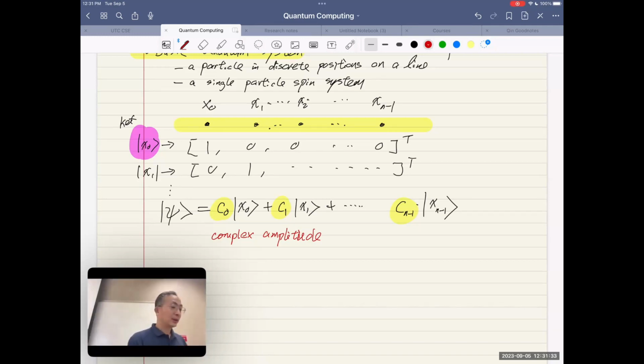So now it turns out those amplitudes, what this function is trying to describe is a quantum system where the particle can be in n states: x0, x1, x2, and so on.